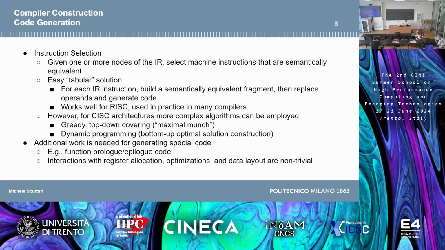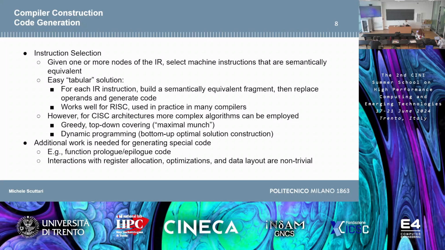So you can just map one-to-one. Or you may have instructions that are a bit more complex than what you would find in an actual ISA. So for instance, the function call in the IR typically already abstracts the prologue and the epilogue that you need to insert to deal with the ABI. Okay, so there you just have a snippet of code that you need to insert at a point.